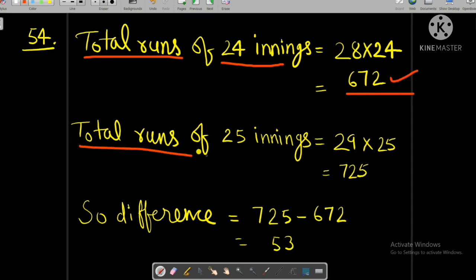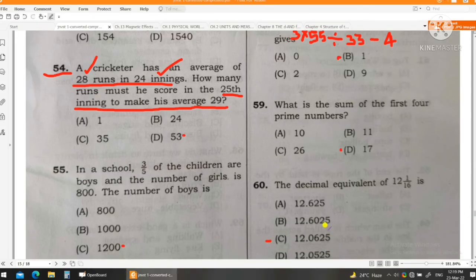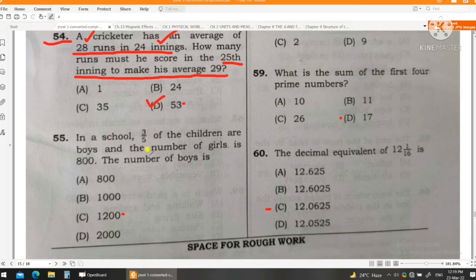Next, total runs of 25 innings by the average: 29 into 25, we get 725. If we take the difference of these two values, that difference is the runs scored in the 25th match. So the answer is 53. You can see here option D, that is 53.